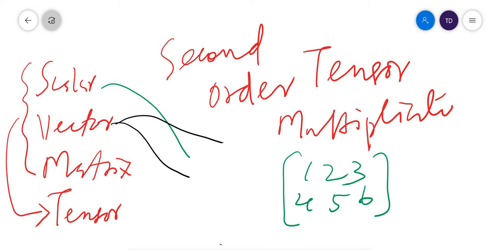You can arrange the numbers three-dimensionally, keep another layer like this, and it will go like that. That is another tensor, a three-dimensional tensor. So you understood what a tensor is. I am going to discuss the second order tensor, that is, matrix multiplication here.